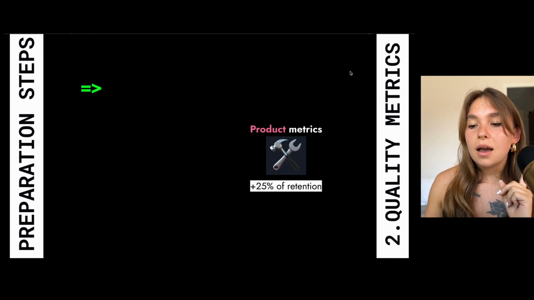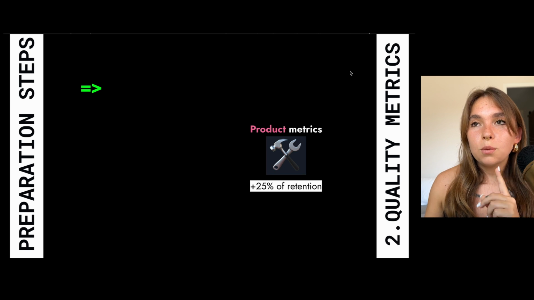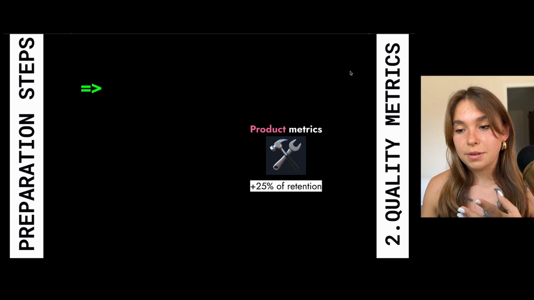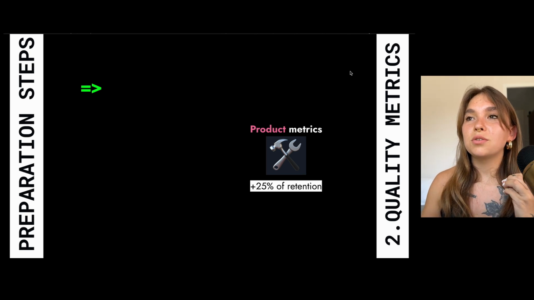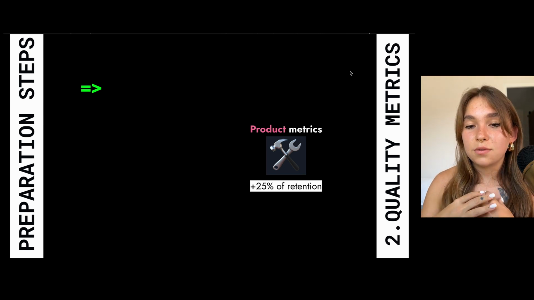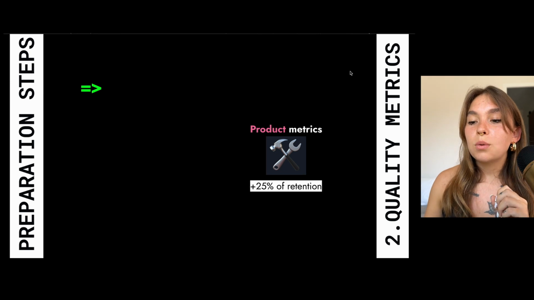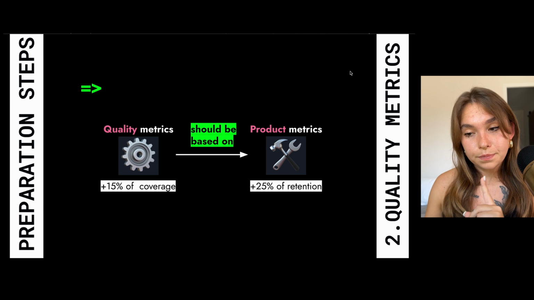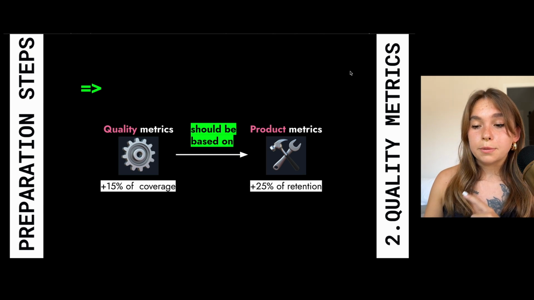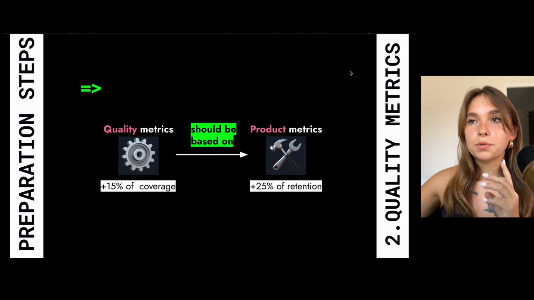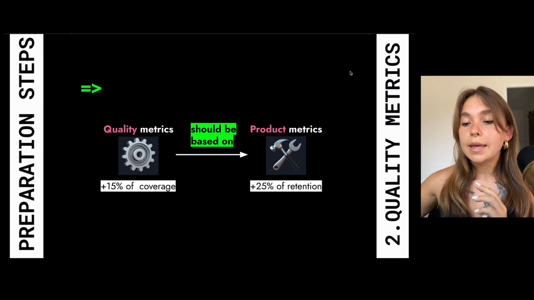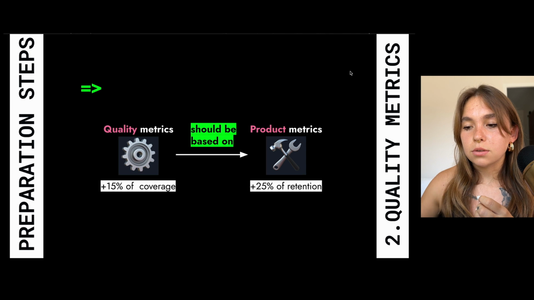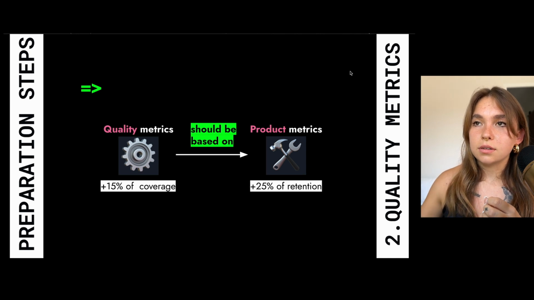But what about quality metrics? How can they be related to product metrics? This is really, really cool, I think the main insight for me personally: quality metrics have to be built on product metrics. For example, you have your product goals for the quarter, and in metrics, like you need plus 25% of retention, and so on.